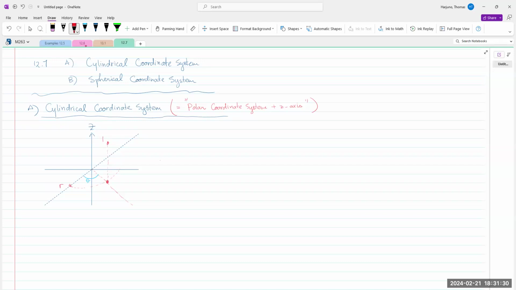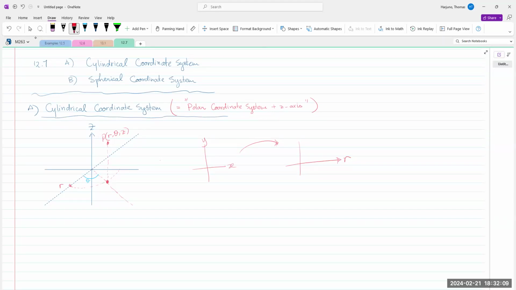So coordinate P here will be expressed as r theta z. Notice that the first two components are basically the polar coordinate system in the xy plane. So you imagine the xy plane now becomes polar, right? Now you extend it into 3 dimensions with the additional z axis.